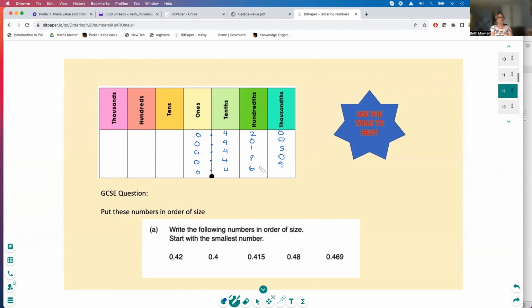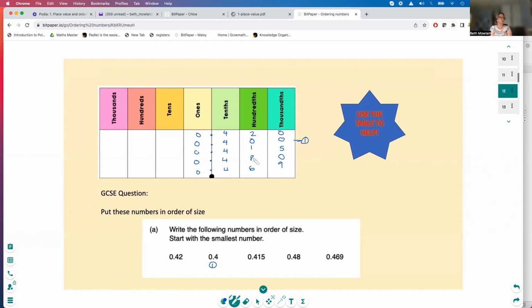We go to the next column, then we can start looking at the smallest one. The smallest one is a 0. So this number here is our smallest one, and that was 0.4. Adding 0s doesn't change the number, it just helps us see which is smallest.